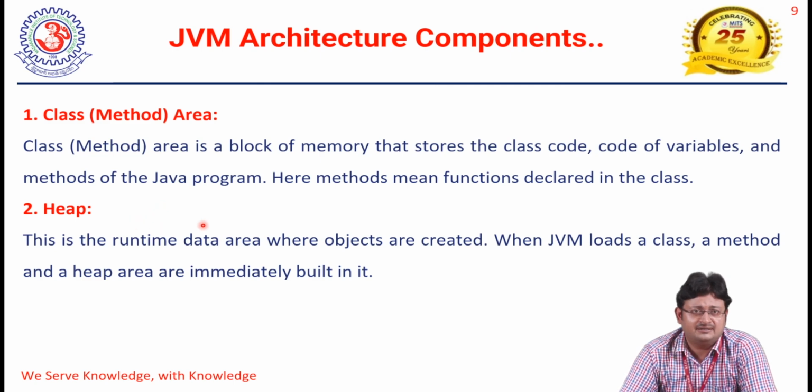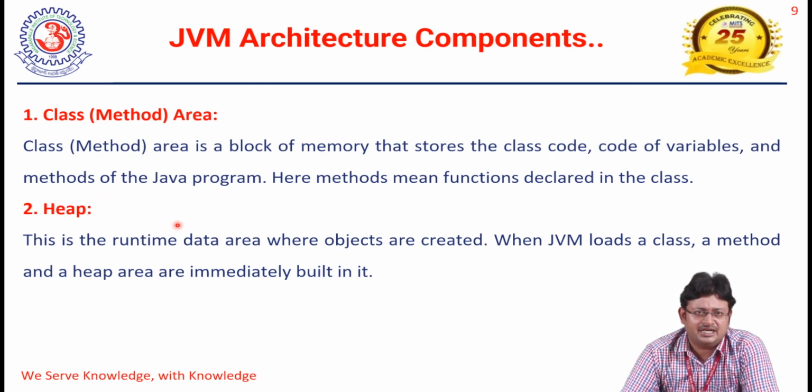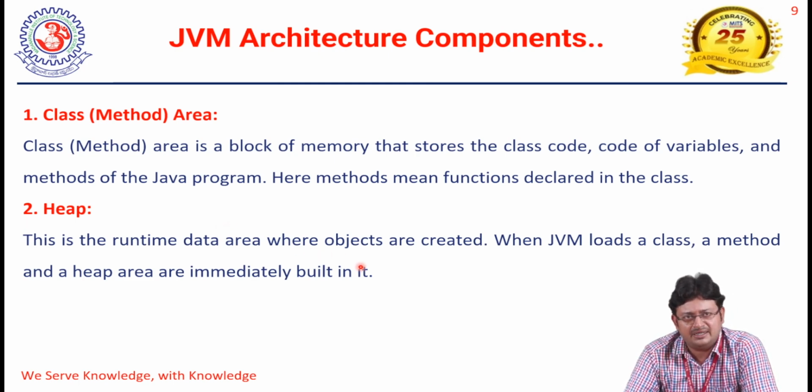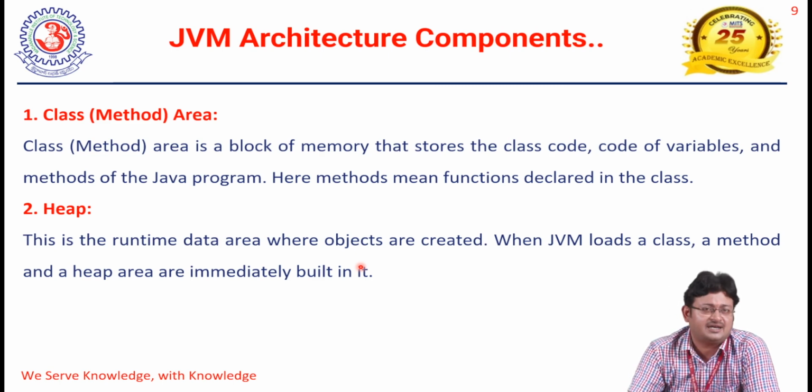Instead of that, for the heap memory allocation, we are using an operator called the new operator in Java. This new, technically we can call it a DMA operator, dynamic memory allocation operator, which will provide the memory at runtime to the objects which are created for the class.